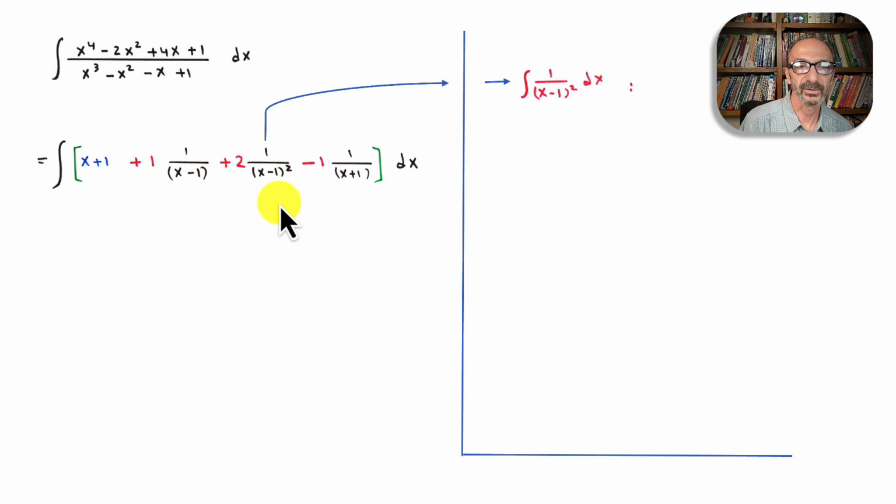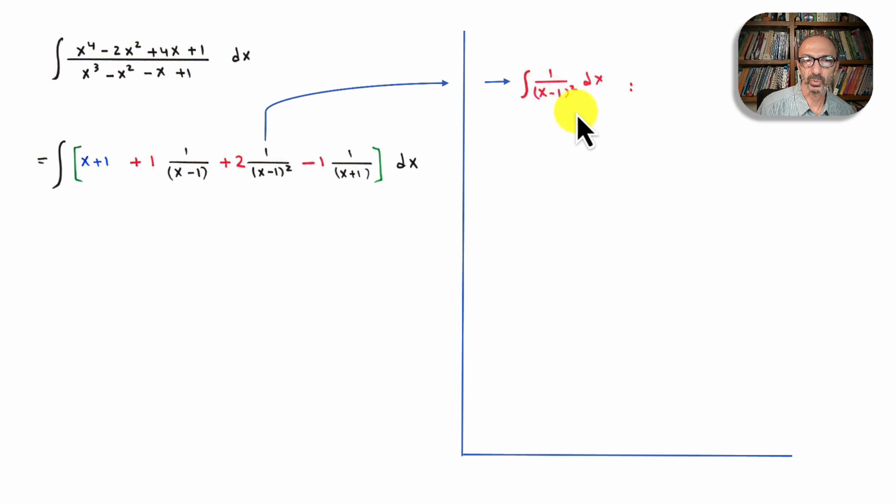We could use u substitution, because if I multiply this by itself, that's going to be a polynomial of second degree, which is kind of hard to integrate because the top part is just 1. It doesn't have x's. So we take x minus 1 inside as u, and du will be 1 dx. So that's like 1 over u to the second du, which you could use the power rule on.